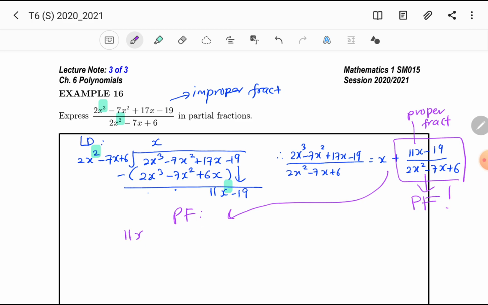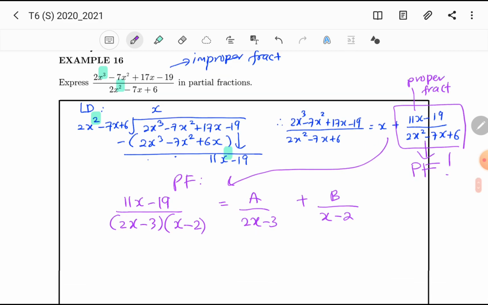So, 11x minus 19 over, okay, kalau awak tengok kat bawah, dia tu kuadratik. Tapi kita kena cuba factorize. Dan dia boleh factorize lah for this case. So, you akan dapat 2x minus 3, x minus 2 equals a over 2x minus 3 plus b over x minus 2.